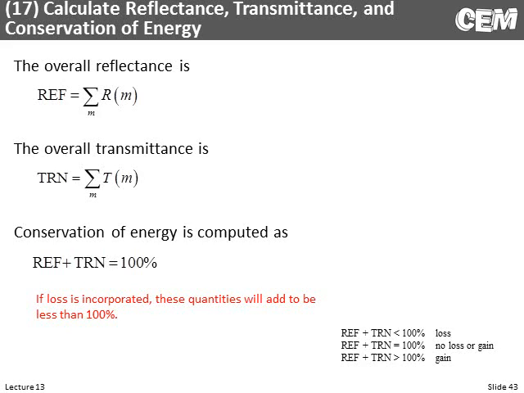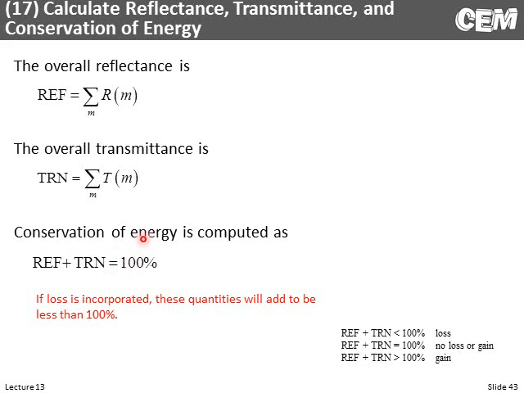The last thing we want to do is calculate the overall reflectance. So the overall reflectance is clearly the sum of all the diffraction efficiencies of the reflected spatial harmonics. And the overall transmittance is the sum of the diffraction efficiencies of the transmitted spatial harmonics. And then the final last step, we add total reflectance to total transmittance, and assuming we have not incorporated loss or gain, we should get 100% of our energy back.